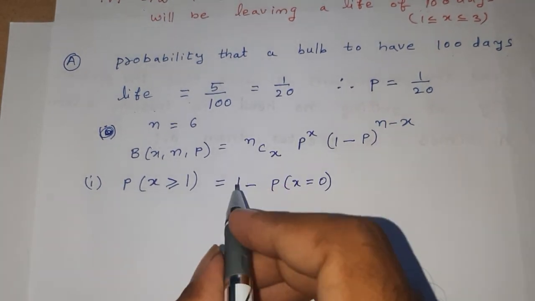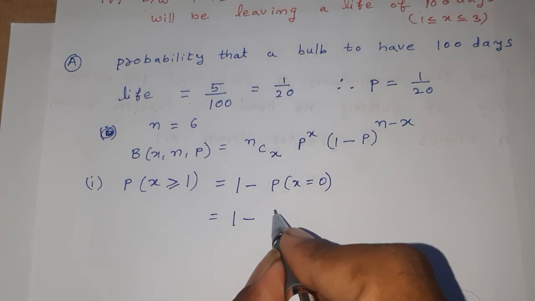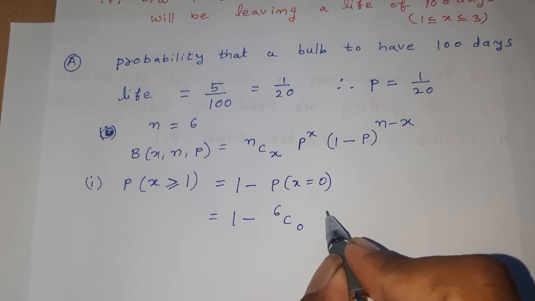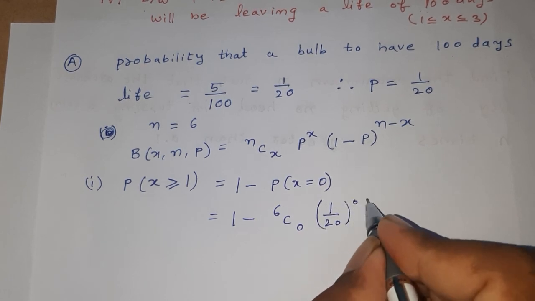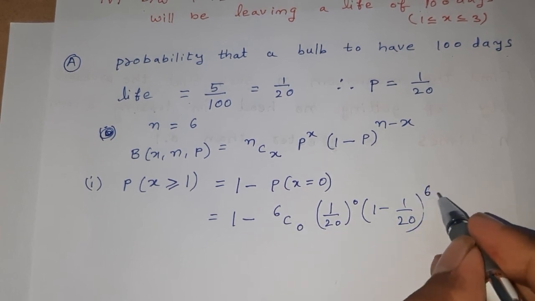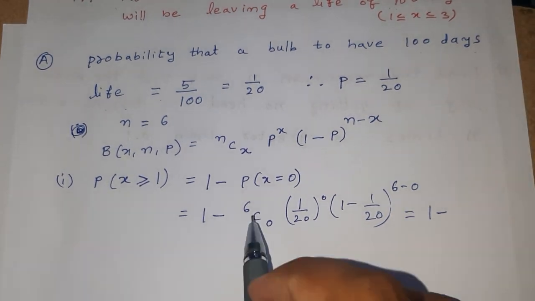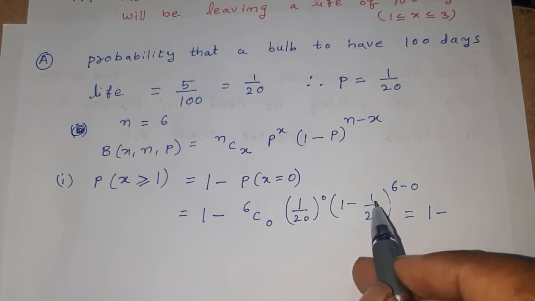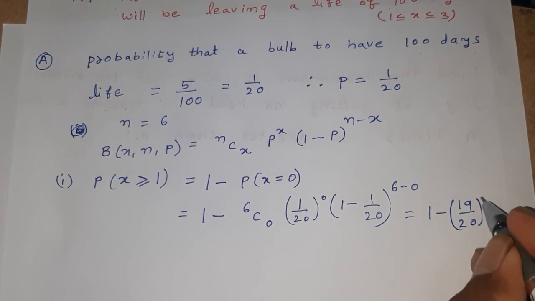This value is given by 1 minus 6C0 times p to the power 0, where p is 1 by 20, so (1 by 20) to the power 0, times (1 minus 1 by 20) to the power 6 minus 0. That is 1 minus 6C0, which is 1, (1 by 20) to the power 0 is 1, and 1 minus 1 by 20 is 19 by 20, whole power of 6.